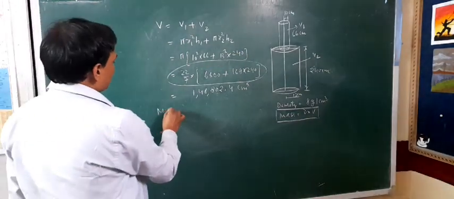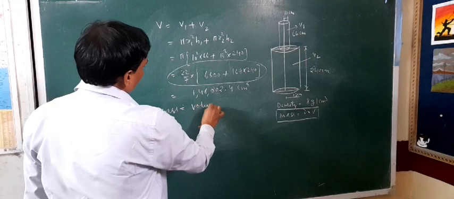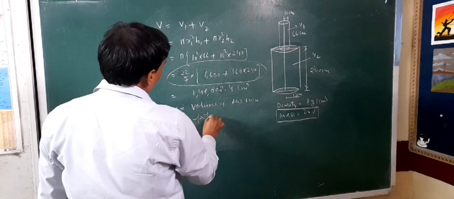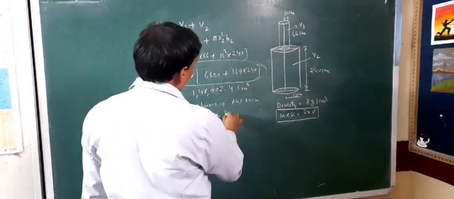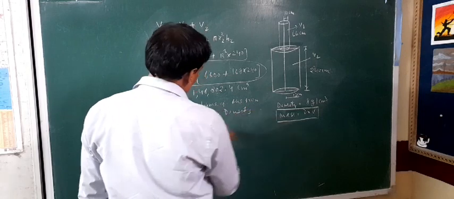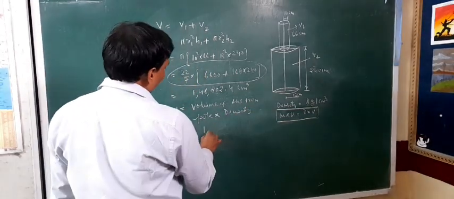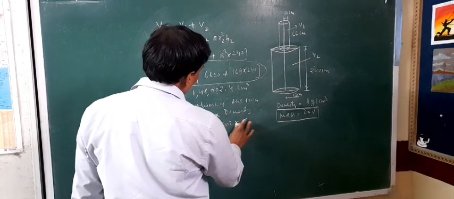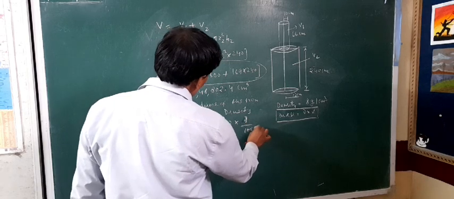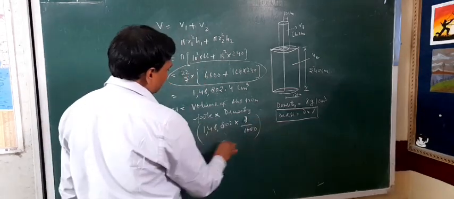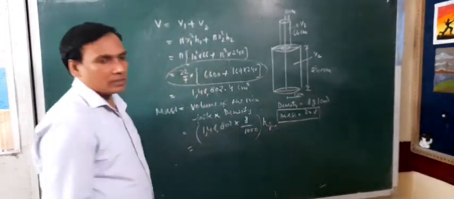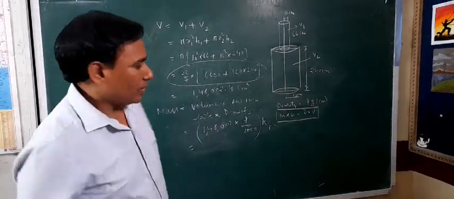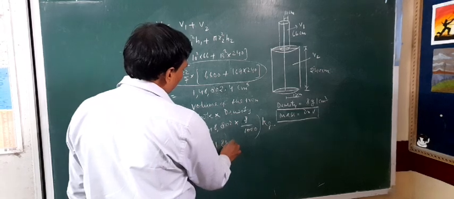Now we need to find the mass of the iron pole. First you have to write the volume of the iron. Then whatever density is provided for the material: volume is 1,48,802 multiplied by density 8 grams. And since 8 is in grams, you divide by 1000, so finally you will get the whole answer in kg. So finally it will come out something like 1184.66 kg.